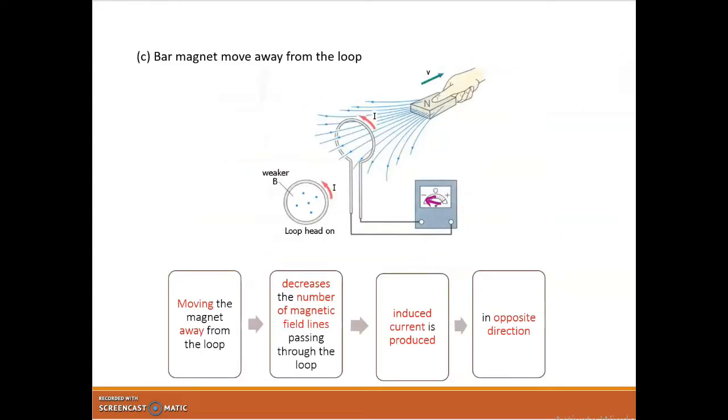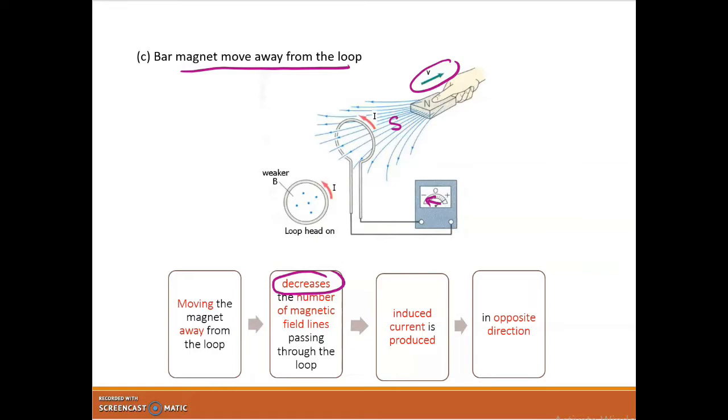For this one, the permanent magnet is moved away from the loop. So there will be a decrease in the number of magnetic field lines that pass through the loop. So Lancelot said, what? Lancelot said it will increase. Okay, increase. So this pole near the permanent bar magnet will behave like a south pole to pull it back. Okay, pull it back.